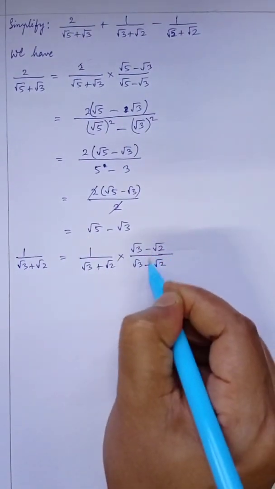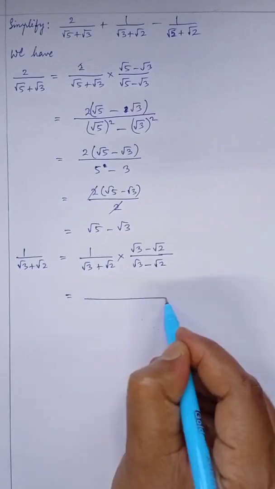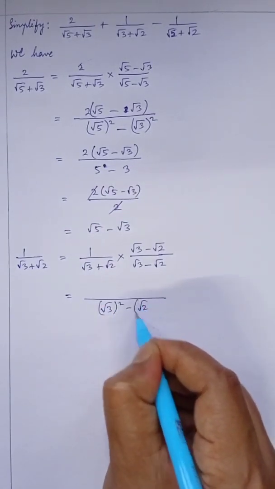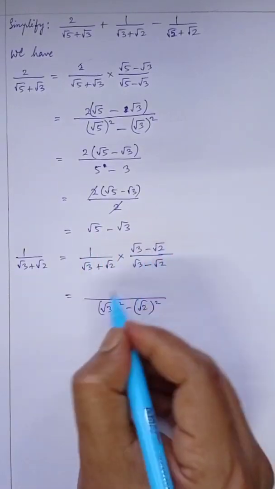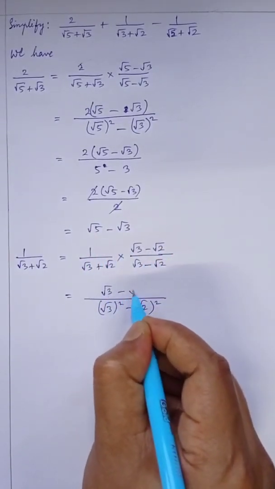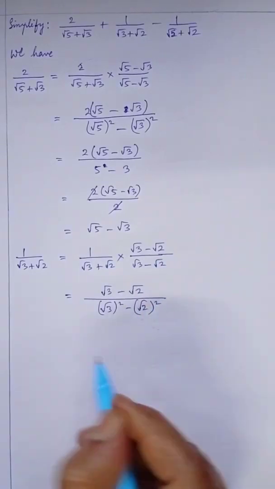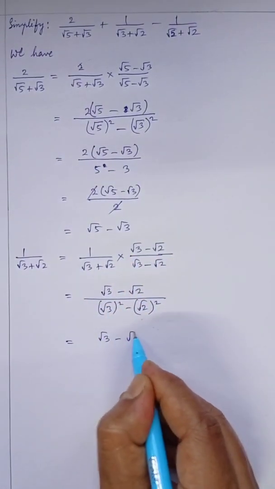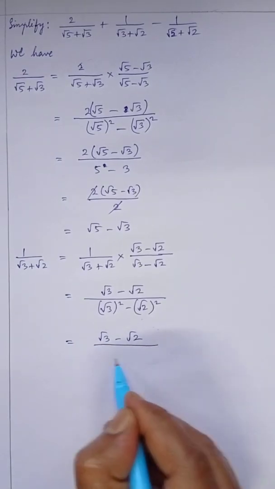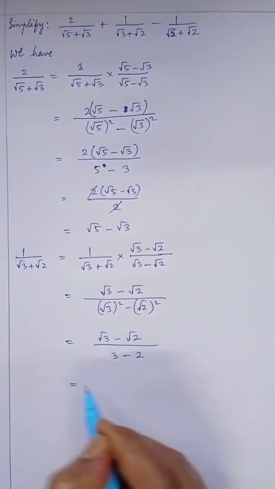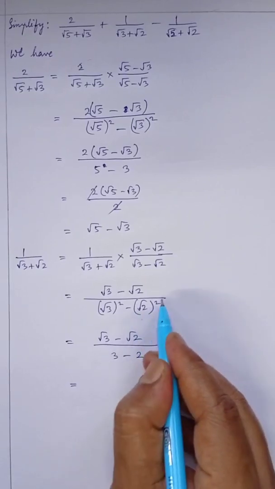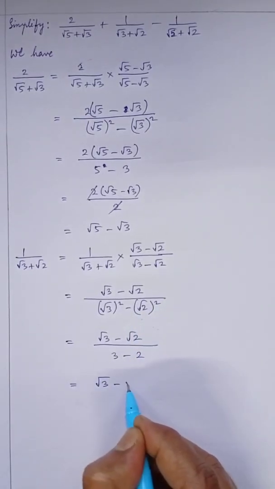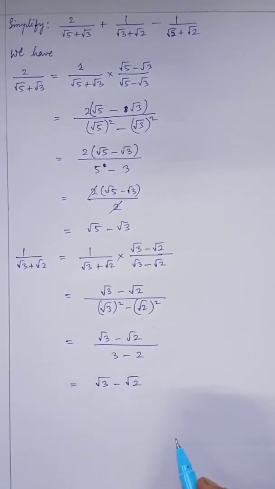So here the sign is opposite, and then we'll have a square minus b square, and this will be 1 into root 3 is root 3, 1 into root 2 is root 2, so we'll just keep it like this. So this is root 3 minus root 2 divided by 3 minus 2. Root 3 square is 3, root 2 square is 2, so 3 minus 2 is 1. We don't need to write it anymore. Root 3 minus root 2, right?